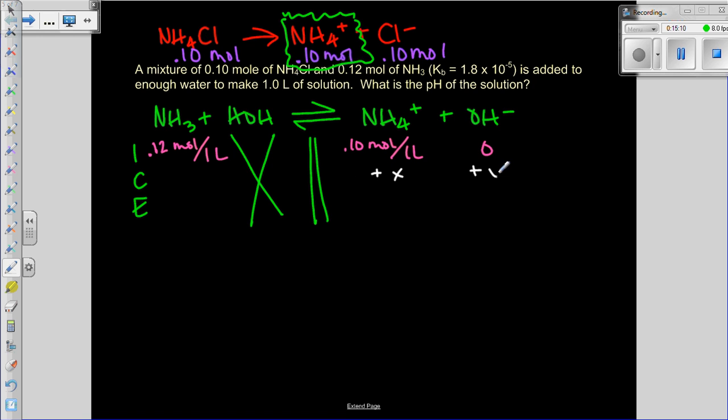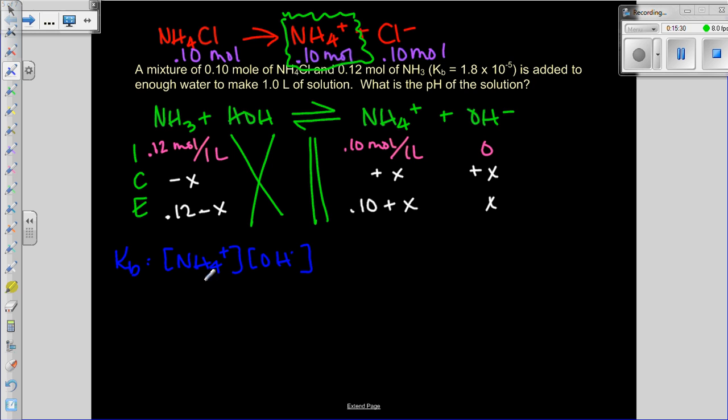That will go up by X. Reactant side goes down by X. I have 0.12 minus X, 0.10 plus X, and X. So now I write my KB expression, or my equilibrium expression, ammonium times hydroxide ion concentration divided by ammonia concentration.